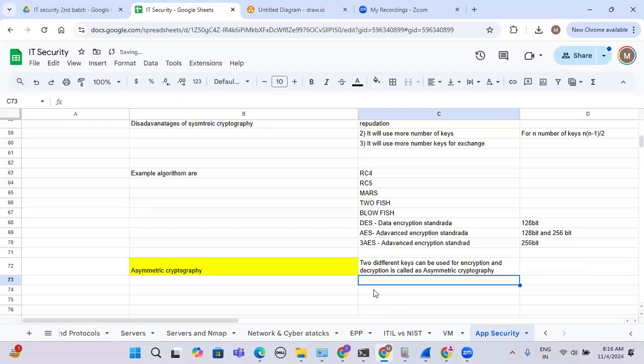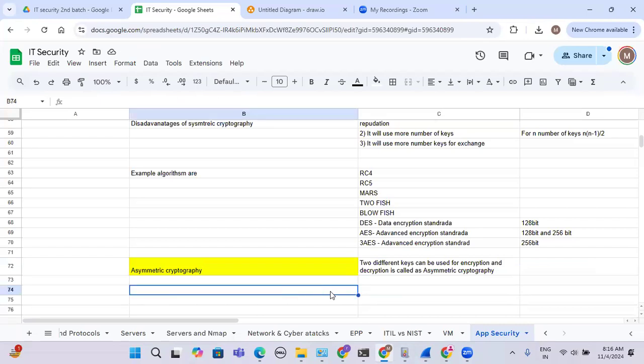Now, what are those two asymmetric keys? One is the public key and the other is the private key. And here keys will be exchanged in between the client and server, or peer-to-peer devices, in such a way that it provides an encryption channel. Coming back, what are the advantages it has?